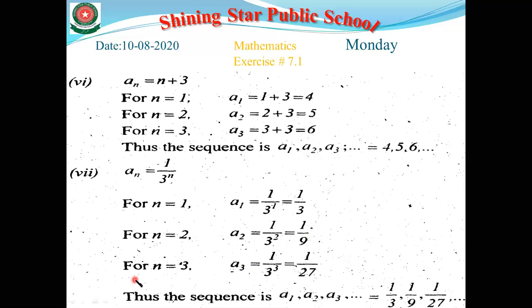And for n equals 3, a3 equals 1 over 3 cube, so it becomes 1 over 27, because 3 cube is 27. Thus the sequence a1, a2, a3 is 1 over 3, 1 over 9, 1 over 27, which is your required answer of part number 7.